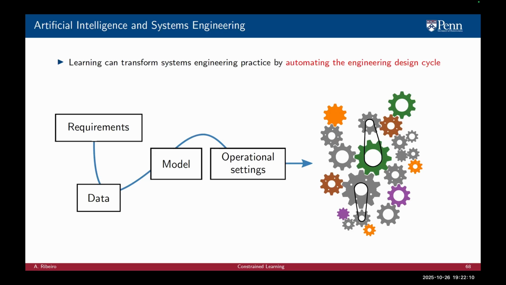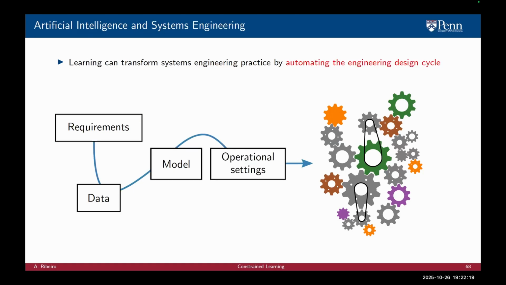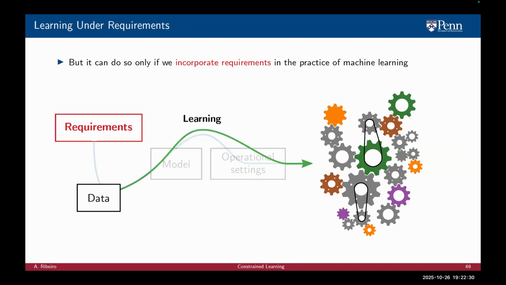What is great about AI, and this one's a personal opinion, is you can go from data to operational settings without going through the model, okay? And I am a model kind of person, but I have to recognize that this is very valuable, okay? I like to think that I am expensive, right? So if I can be replaced by a machine, that's good for society, okay?